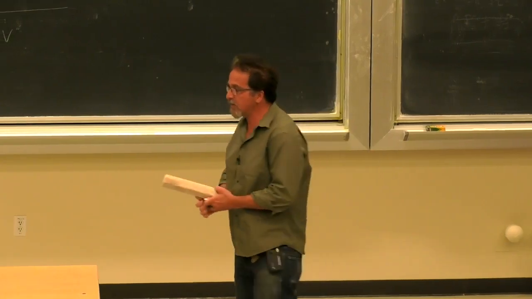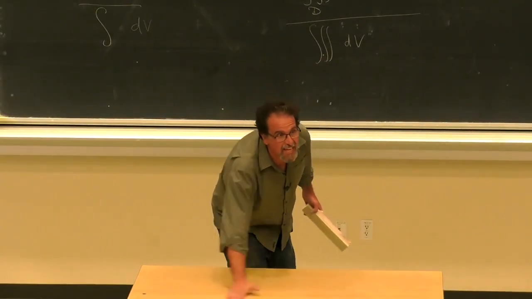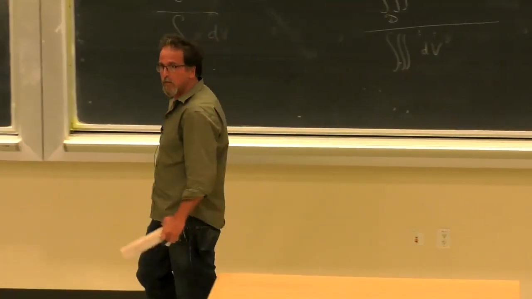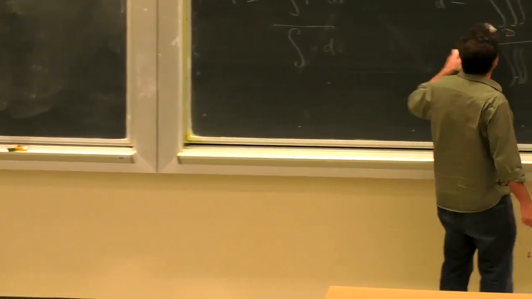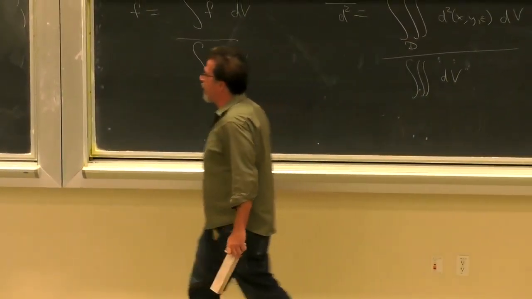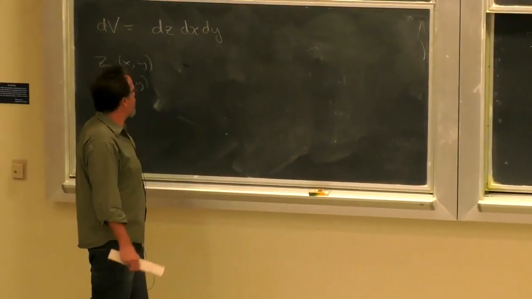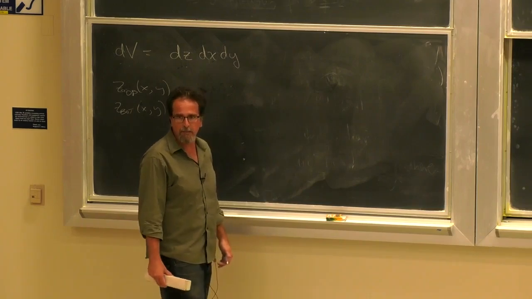What is the height of this surface? You give me the x, y location, and I'll give you its z height. So make that distinction. Understand the difference between the function you're integrating and the surfaces which describe the boundary of that domain. So first we have to figure out what z top and z bottom are. And then I'll do dx and the x top and x bottom next.